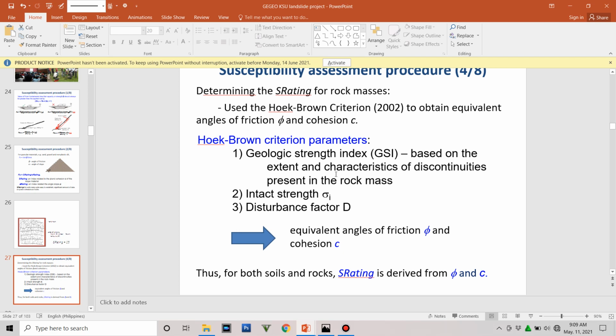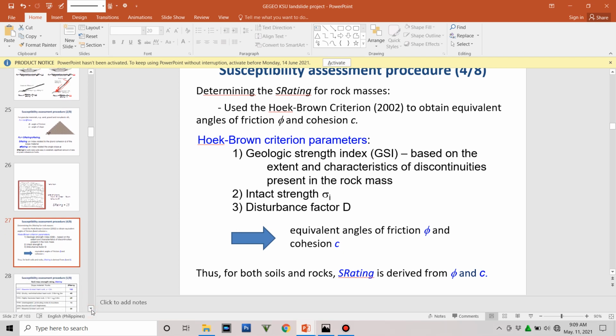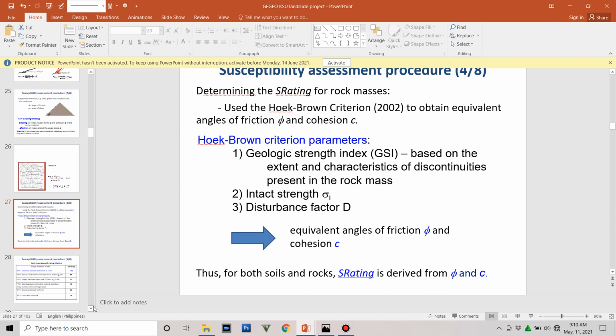Rock can be categorized into hard rock and soft rock. In a while, I'll present the difference between hard rock and soft rock. When we say soft rock, it is subjected to decaying or weathering because of a lot of factors that we have already discussed.